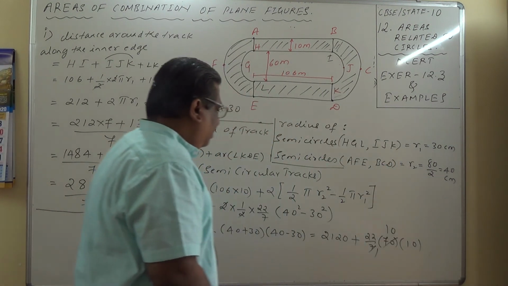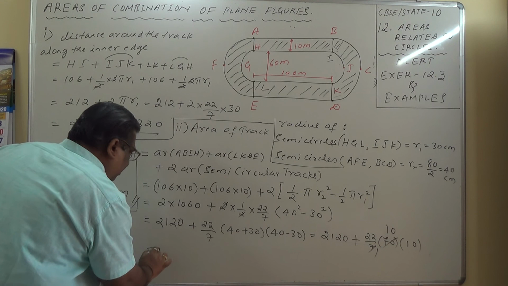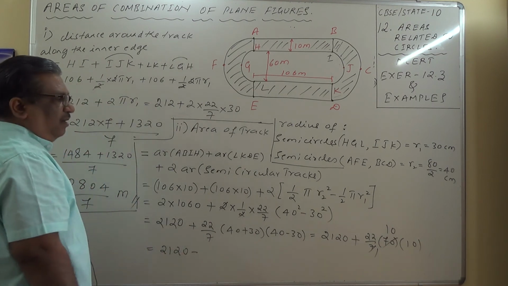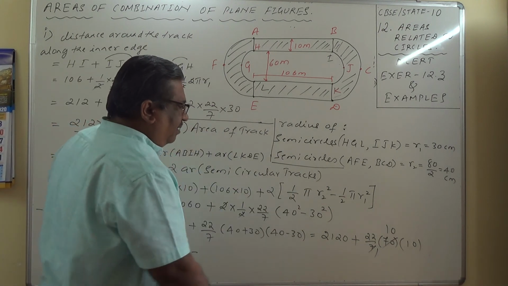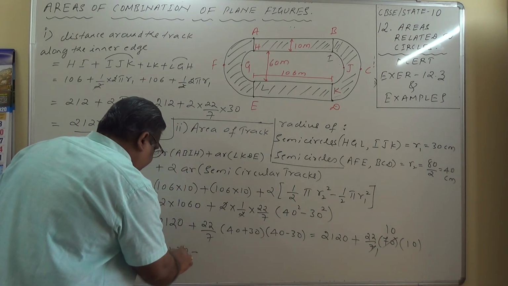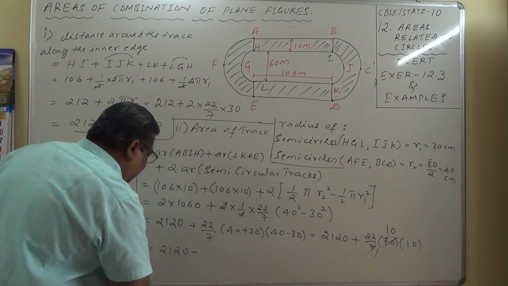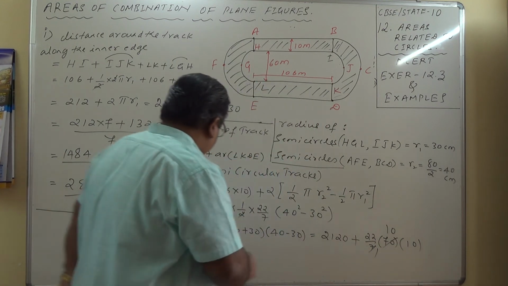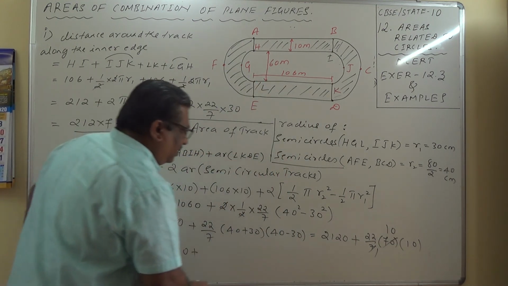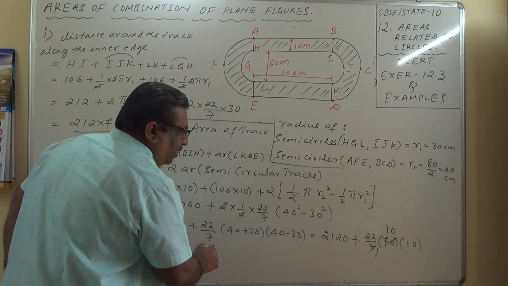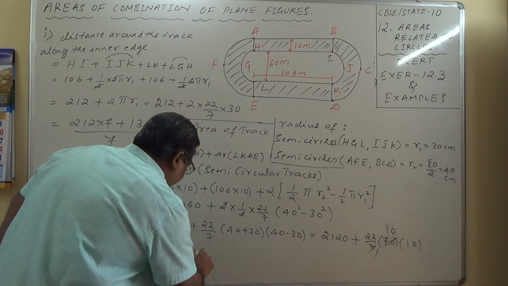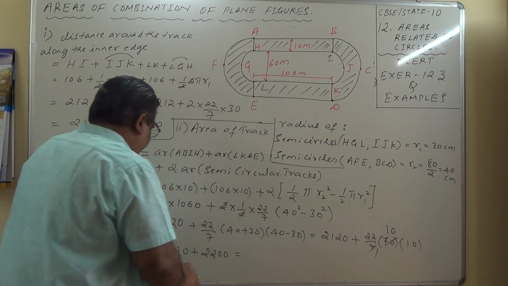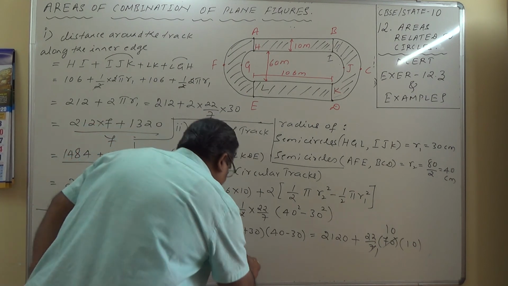Okay, so this gives me 2120 plus 10 into 10, 100, 2200. 2120, how much are you getting? 2120 plus, it is not minus, plus 2200. 22 into 100 is 2200, which is equal to 4320.